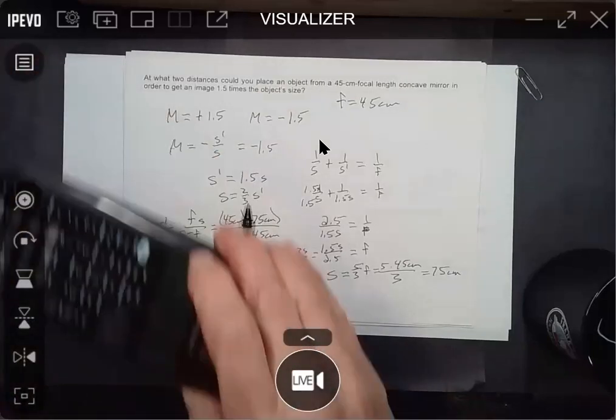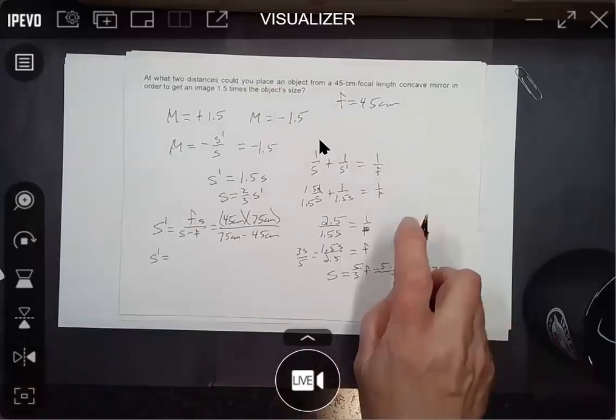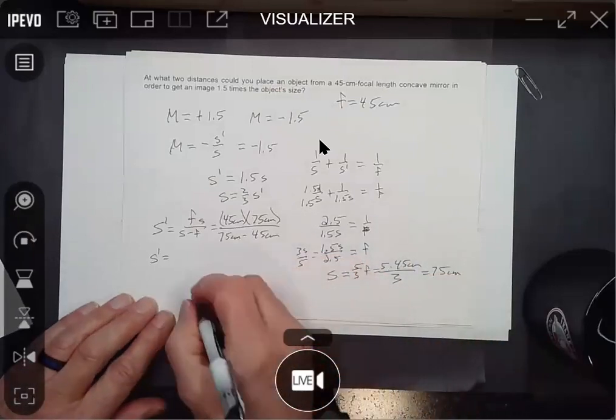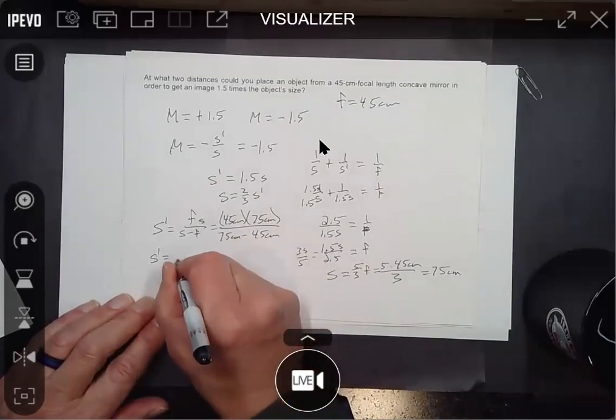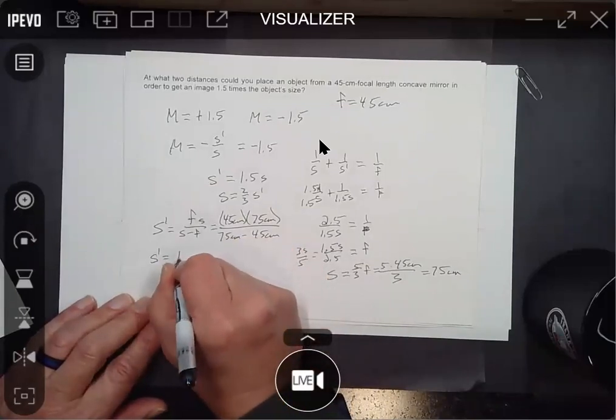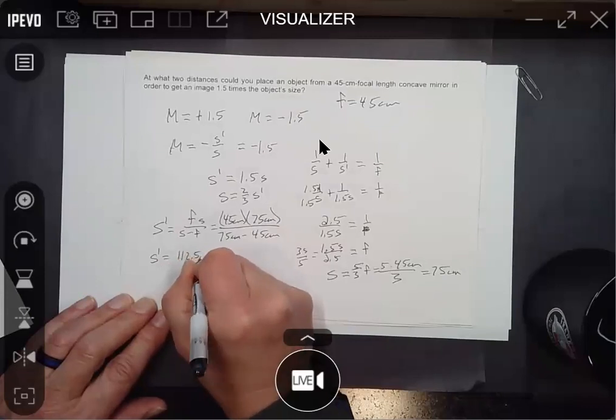I'm going to have to use a calculator. I'm not doing that in my head. I get 112.5. We've only got 2 sig figs, but I'm going to get too many significant figures on here.